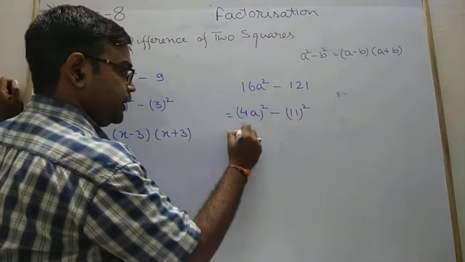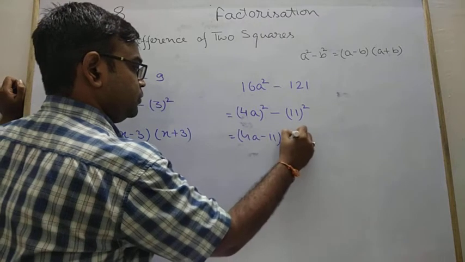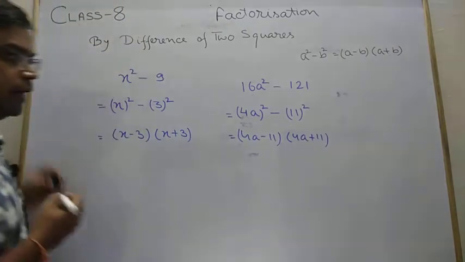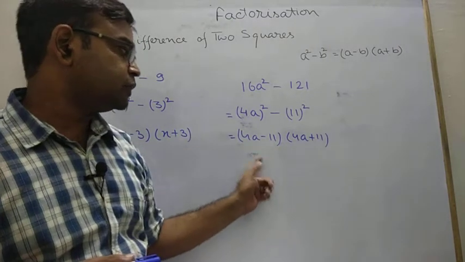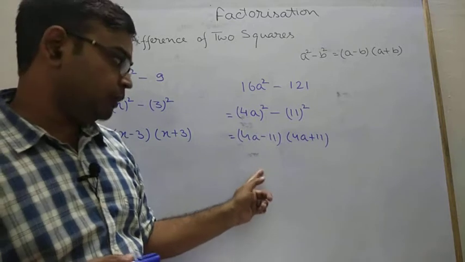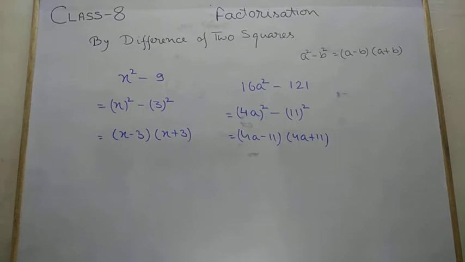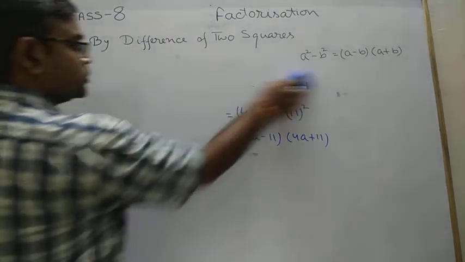So we can easily write 4a minus 11 into 4a plus 11. It doesn't matter whether you write the minus sign first or the plus sign first, but you have to factorize. Likewise we solve. Let's check some more questions.